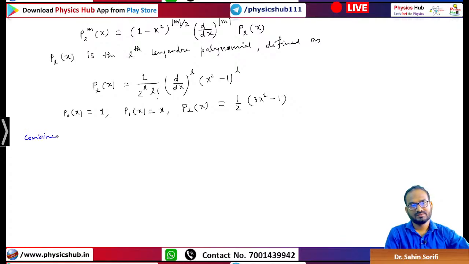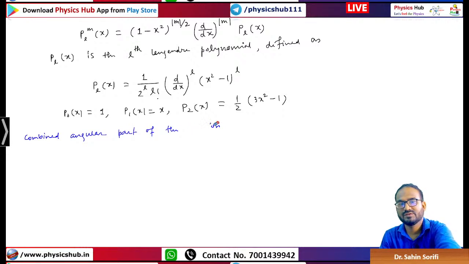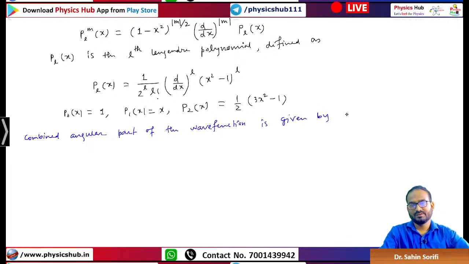The combined angular part of the solution, let's say solution means the wave function, right? The combined angular part of the wave function is given by, it is expressed by spherical harmonics.